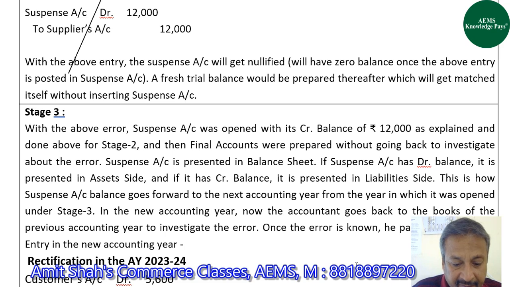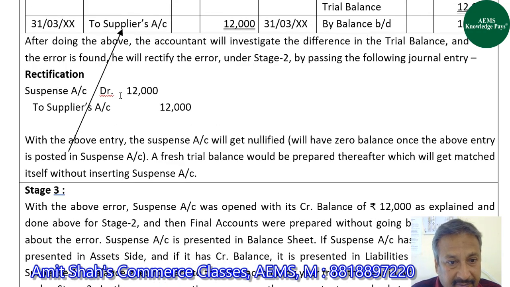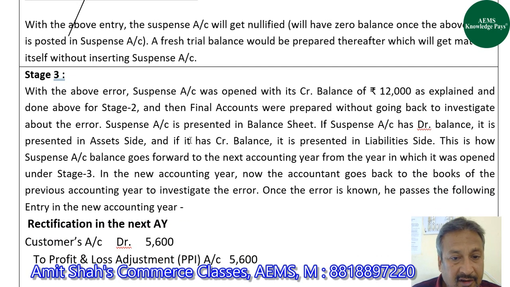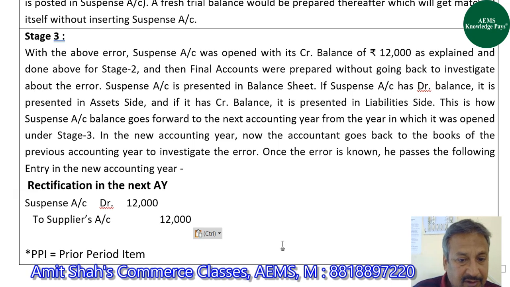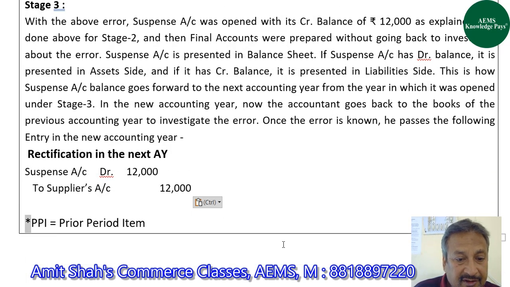So rectification in the next accounting year, what should it be? The entry would be absolutely the same, because in this entry no nominal account is involved. The account involved is supplier's account, which is a personal account. So the same entry he will pass under stage 3 as well. Have you understood this?